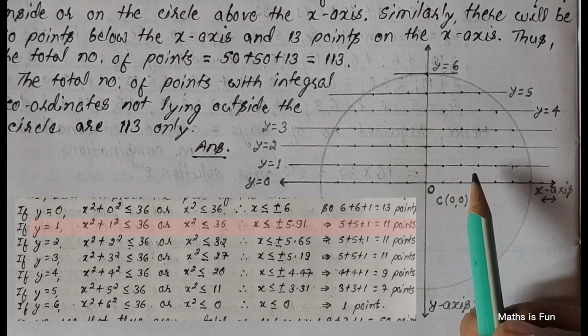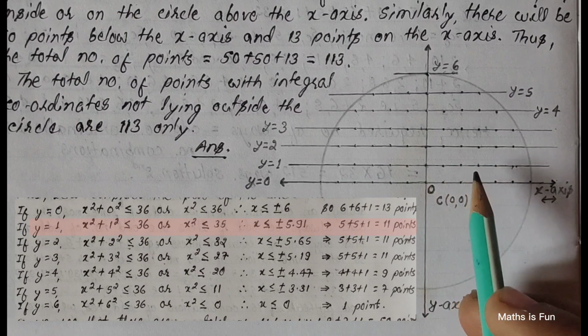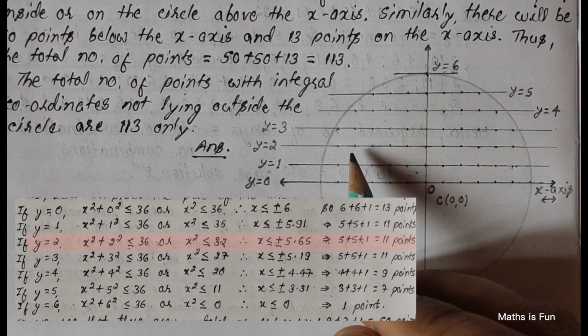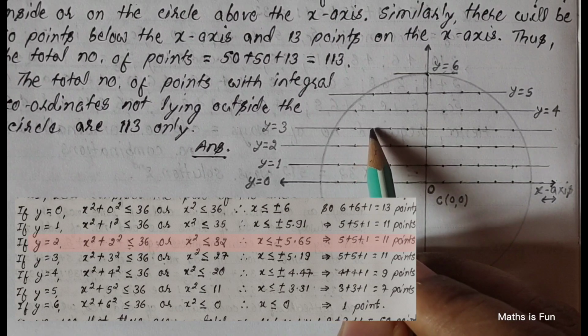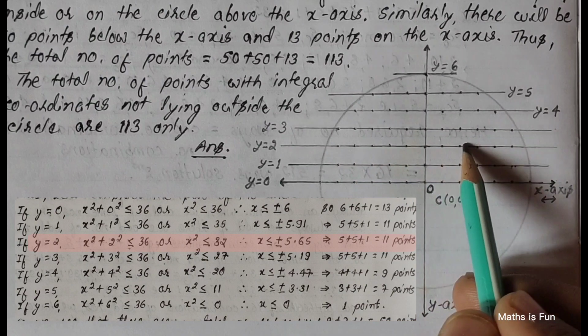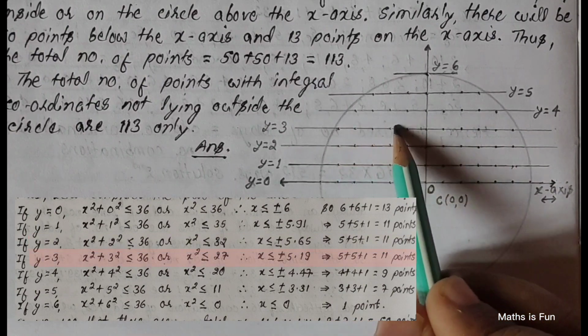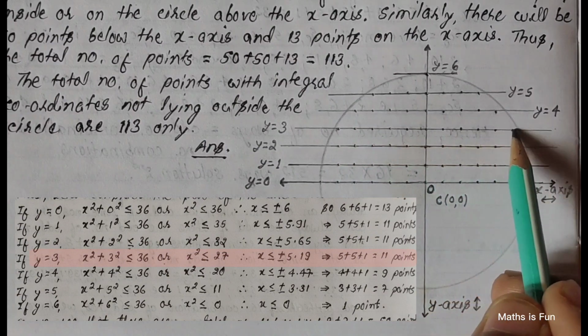So there are 11 integer points on the y equals 1 line. Similarly, there are again 11 points on the y equals 2 and y equals 3 lines. Let's count: 1, 2, 3, 4, 5, 6, 7, 8, 9, 10, 11. And in y equals 3, 1, 2, 3, 4, 5, 6, 7, 8, 9, 10, 11.